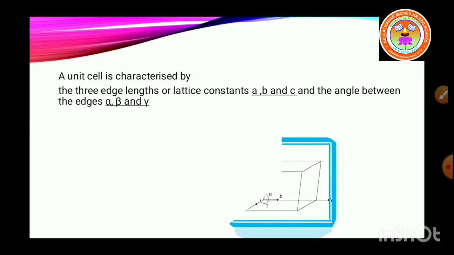See the diagram. It is clearly indicated that the edge lengths or lattice constants are represented by a, b and c. Now clear? What are the angles between the edges? They are alpha, beta and gamma.